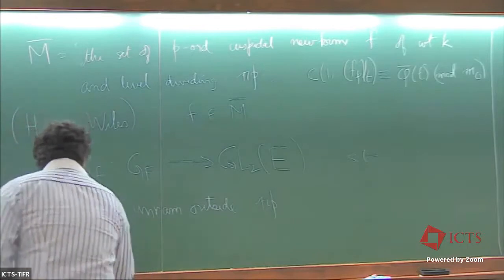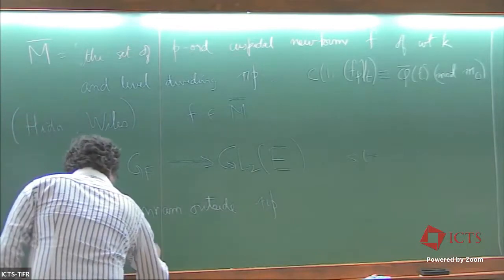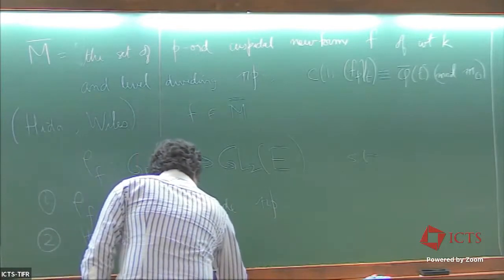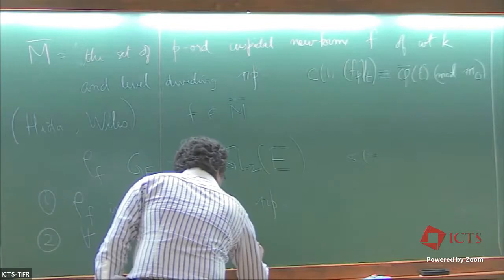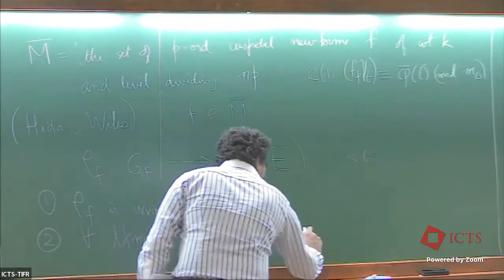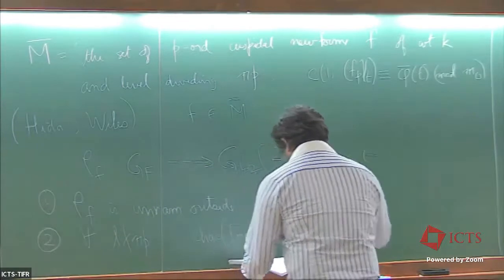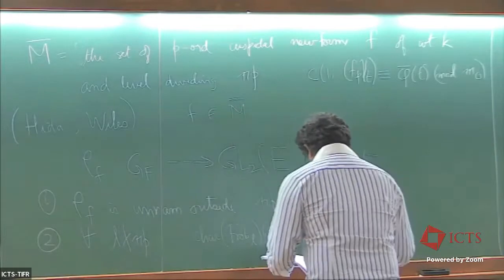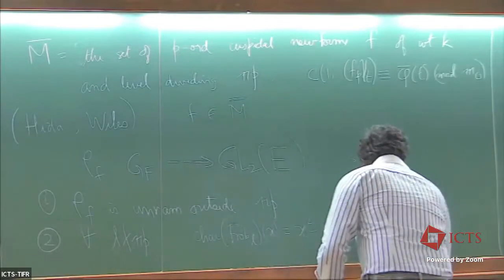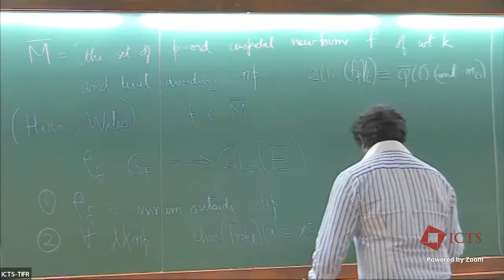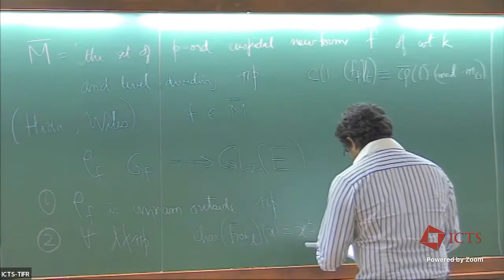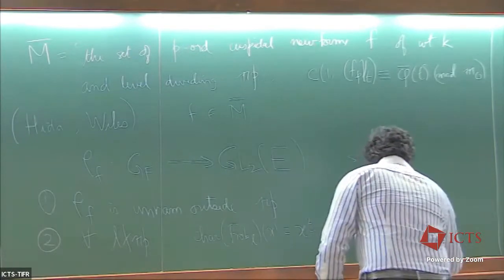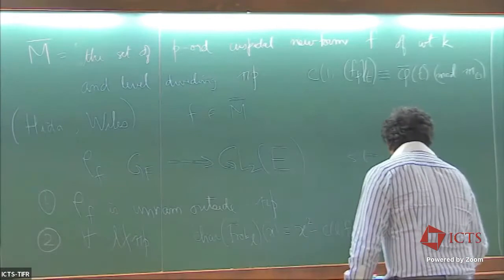Then for all l which are away from the level, you can define the characteristic polynomial of Frobenius. So the characteristic polynomial of Frobenius at l is x squared minus the l-th Fourier coefficient of F times x plus psi(l) l^(k-1).